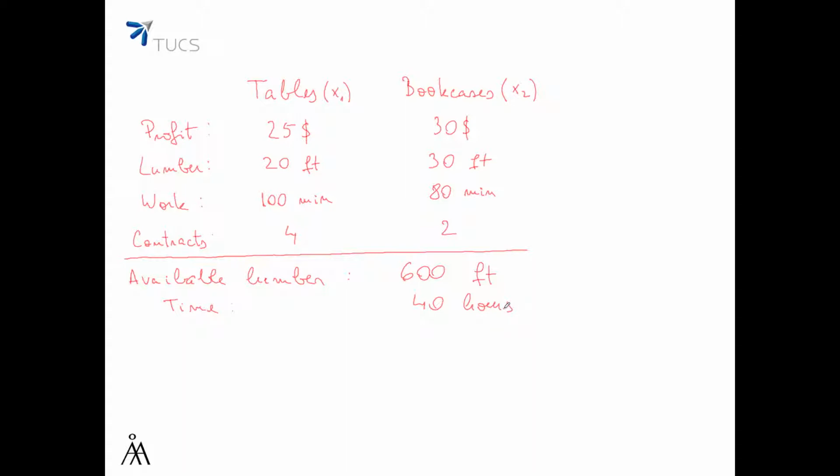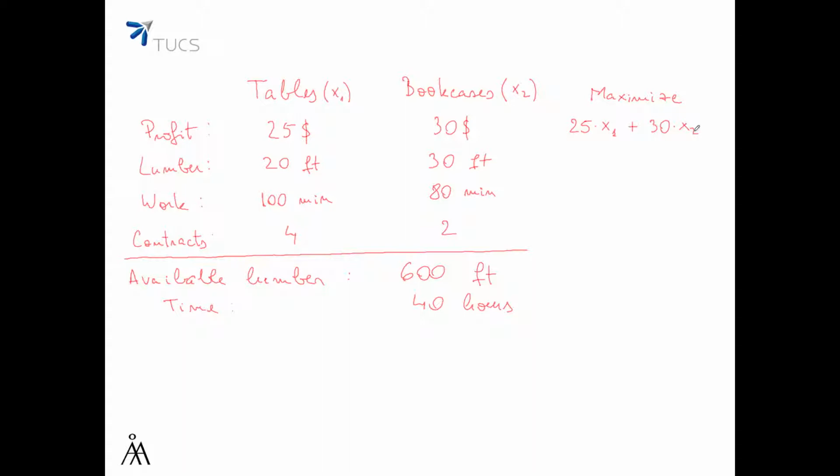So here is how we formulate our problem. He wants to maximize his profit, so the objective function is going to be maximize $25 times x1, which is the profit he's going to get out of making tables, plus 30 times x2, the profit from the bookcases.